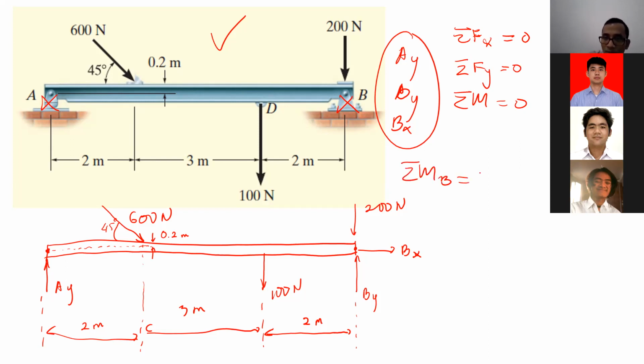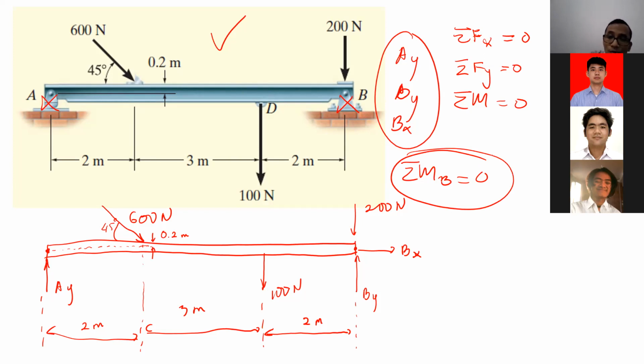Okay, now, if I want to use sigma moment at point B equal to 0, what will I get there, Lilo? Moment at A and the other moment. What I want you to do is to represent this with all the forces.